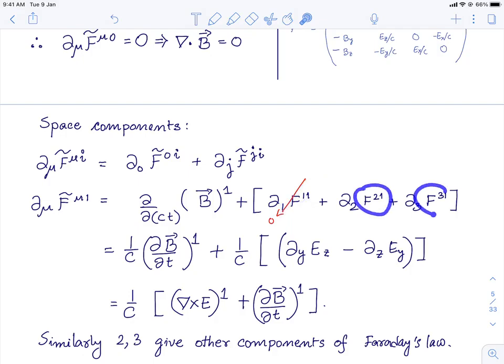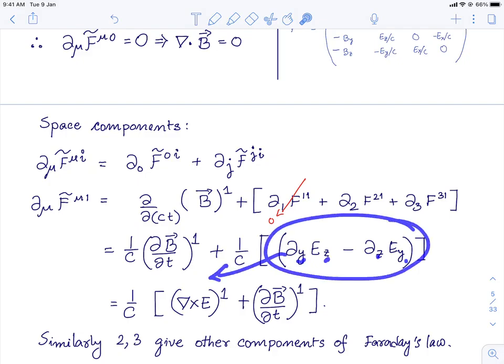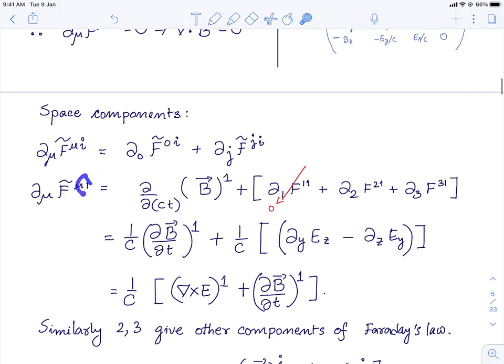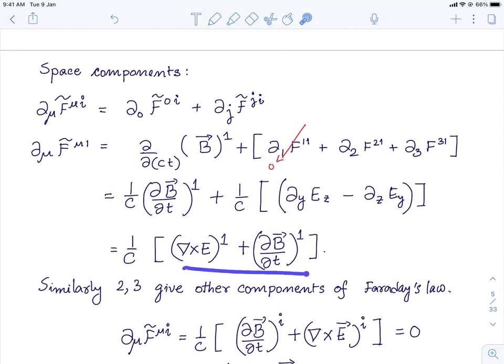And f21 and f31 are basically the z component and the y component of the electric field with the right sign, so that this becomes the x component of the curl of the electric field, which is given by del y Ez minus del z Ey. That goes in here. Therefore the one component is essentially the x component of curl E plus del B del t. Similarly, you can check that the 2, 3 components give the other components of this particular vector combination.